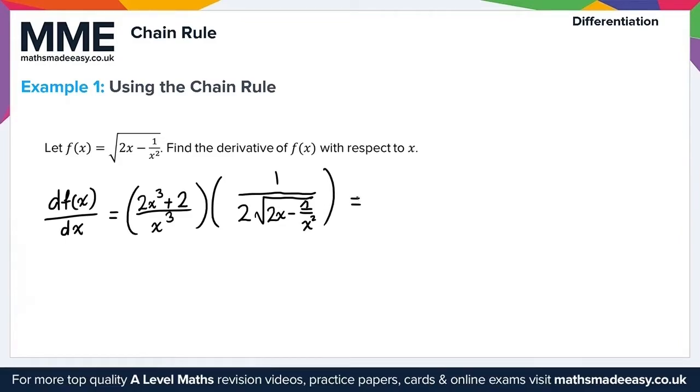If we simplify here, what we obtain is x cubed plus 1 all over x cubed times the square root of 2x minus 1 over x squared. And that gives us the derivative of f of x with respect to x.